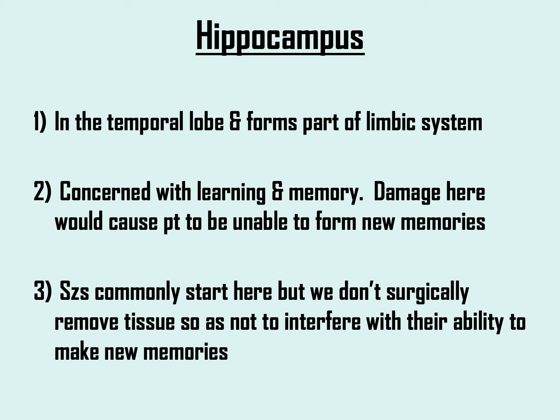Seizures commonly start in the hippocampus, but we can't do surgery to remove tissue there because it would be more miserable to have the inability to make new memories than it would be to just have the seizures. So you know how we can do extensive testing on somebody, find out where in the brain their seizures are located, and then doctors could remove that tissue?